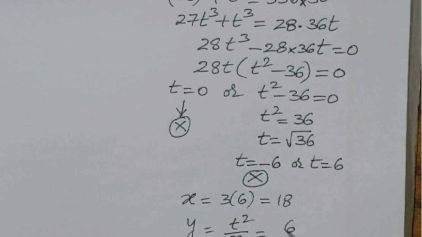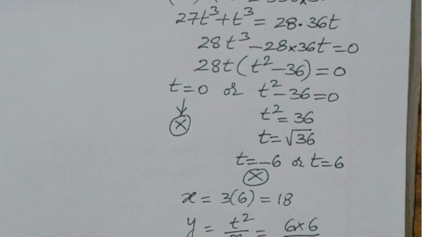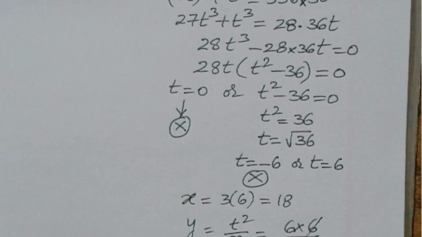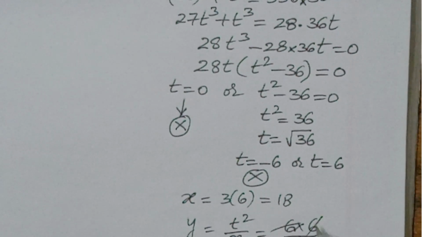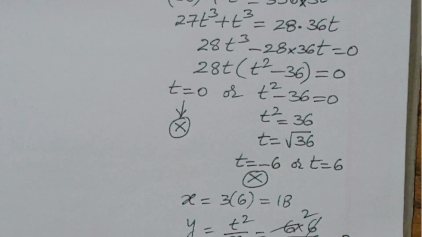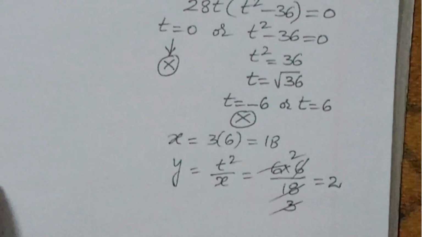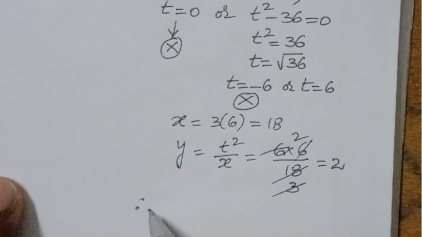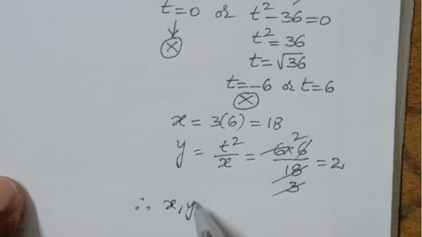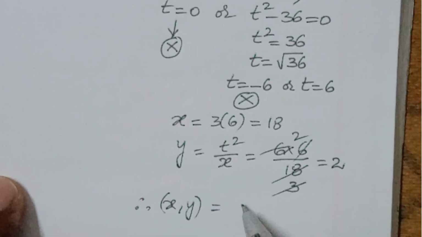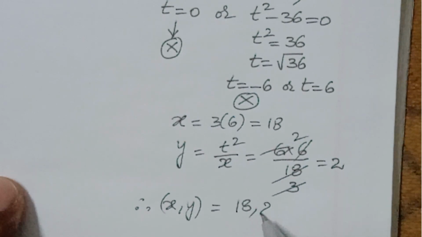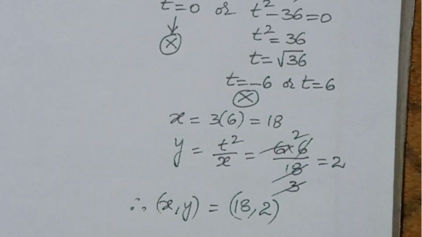So t square means 6 into 6 by x value, which is 18. 6 3s are 18, so it will go 2 times. So y value is 2. Therefore x comma y is equal to 18 comma 2.